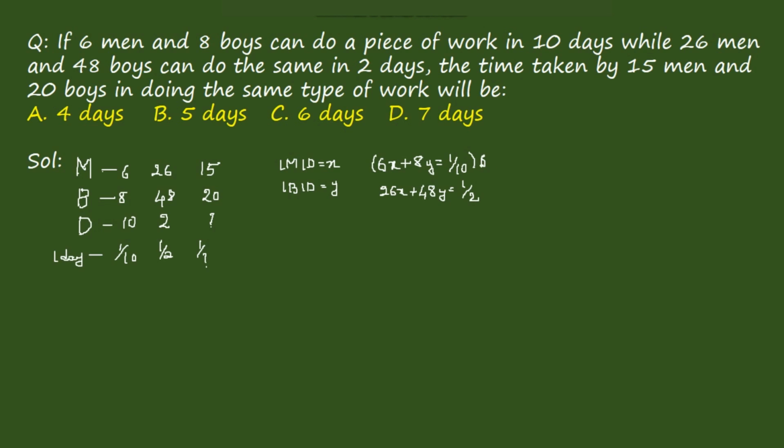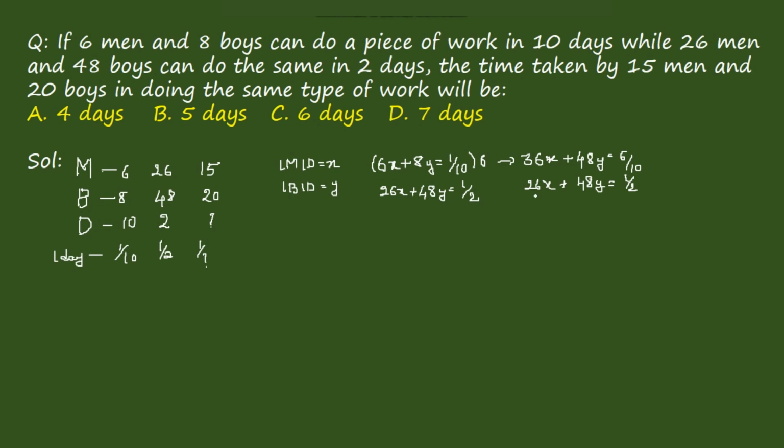Multiplying by 6, it becomes 36x plus 48y is equal to 6 by 10, and 26x plus 48y is equal to 1 by 2. Just substituting, we first find the value of x.